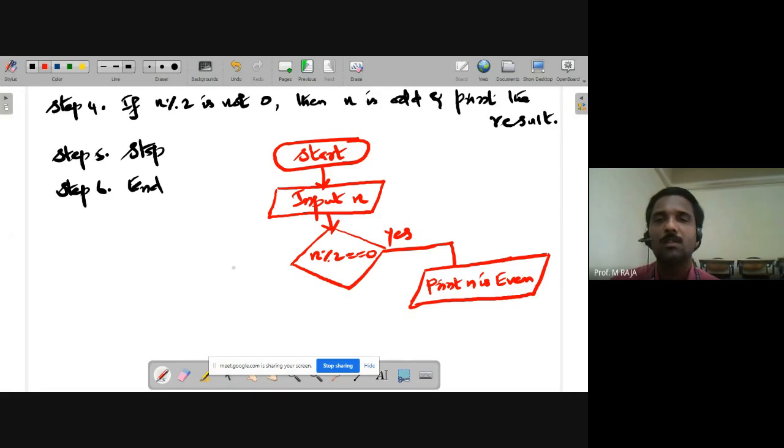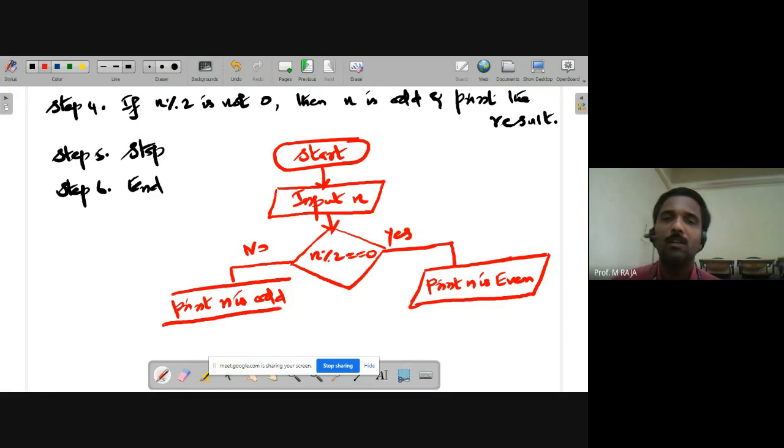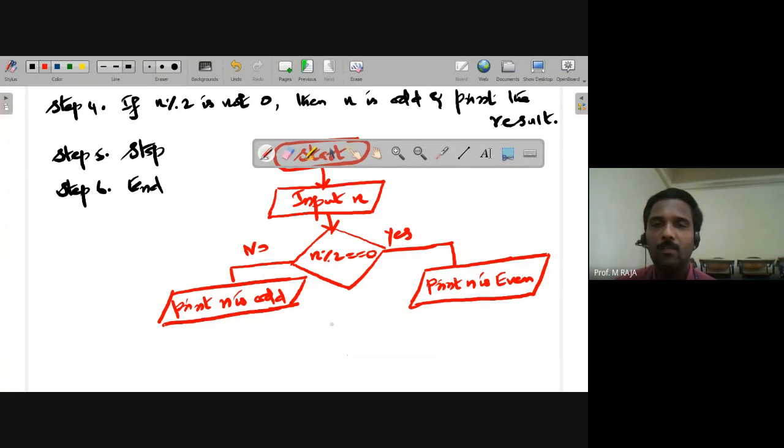Else, here I write the condition no. If the condition is false, here we write print n is odd, and put it in the parallelogram. Then finally we need to terminate the process by writing stop. Write it in the oval shape.